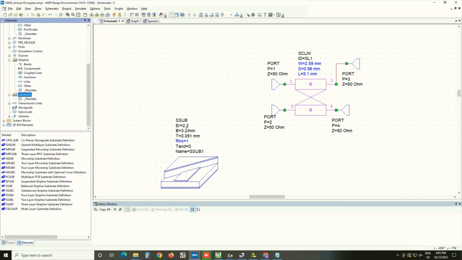Here you have entered the correct dielectric constant of 2.2, B of 3.2 millimeters. The loss tangent here was 0.05, okay, basically same. And rho is related to the film resistivity, and it's normalized to copper. That's just the definition how it is. So rho equals 1 means that I'm using copper. Now, the use of both the loss tangent, which is related to the dielectric loss, and finite resistivity means that we are now considering these transmission lines to be slightly lossy.